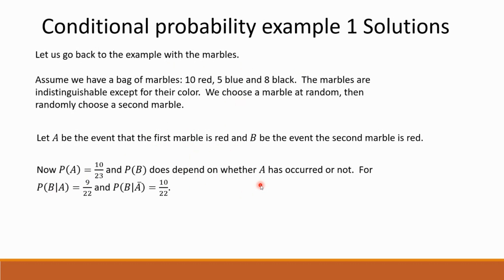But what if A did not occur? Then the marble chosen was not red. So there's 10 red, but there's one less marble altogether. So we have 10 over 22.